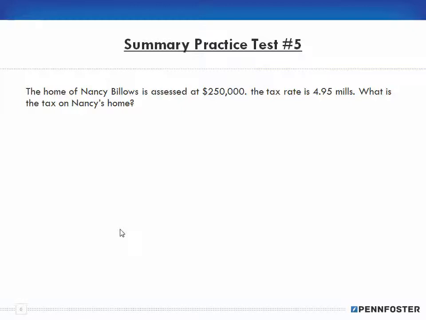All right, next problem. The home of Nancy Billows is assessed at $250,000. The tax rate is 4.95 mils. What is the tax on Nancy's home? Remember, property tax is equal to the mils times 0.001 times the assessed value.